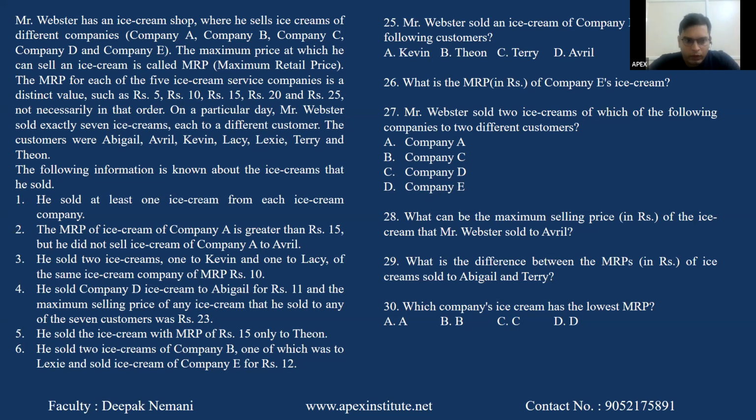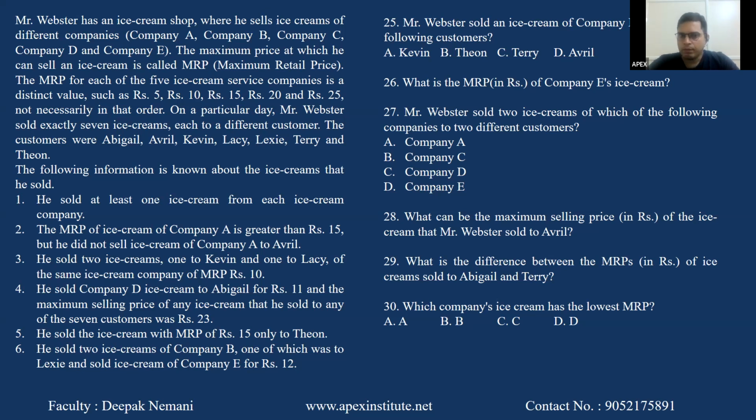Now the only catch is he sold company D ice cream to Abigail for rupees 11. The selling price of any ice cream that he sold to any of the 7 customers was at most rupees 23, and he sold ice cream of company E for rupees 12.